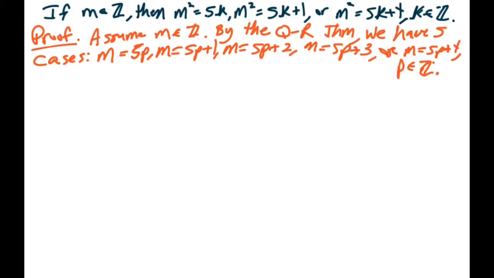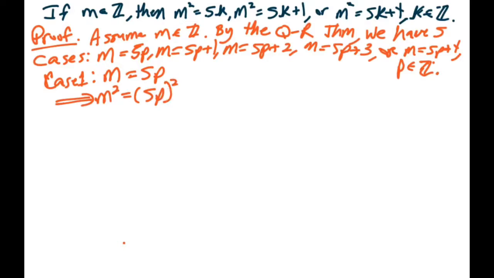So let's look at our 5 cases. So let's see, we've got case 1. All right, and this is when m is equal to 5p. Well, in the case where m equals 5p, this is going to imply that m squared is going to be equal to 5p squared.